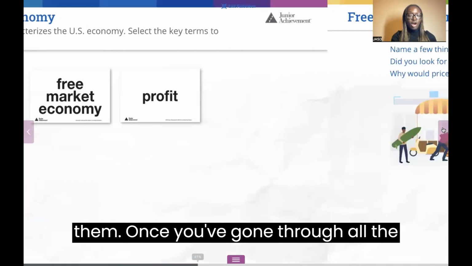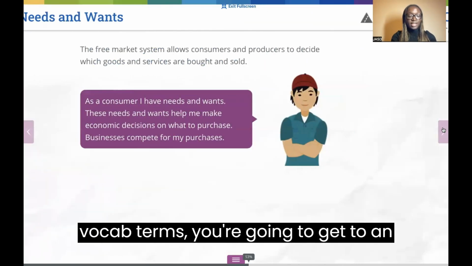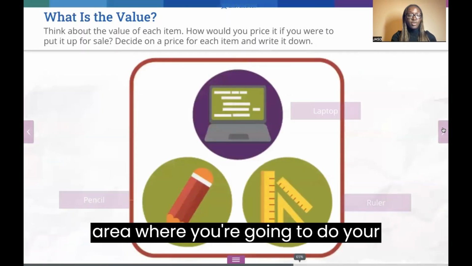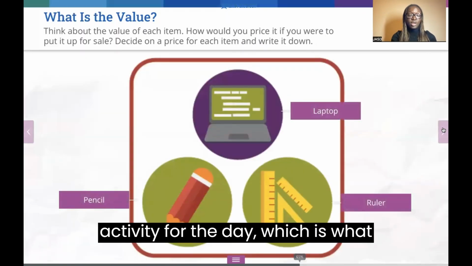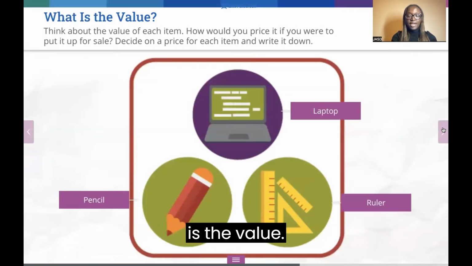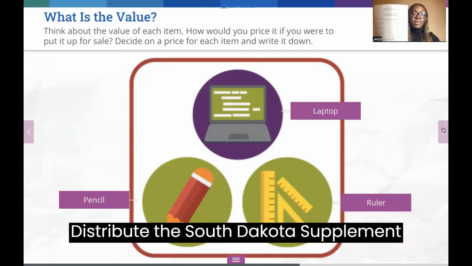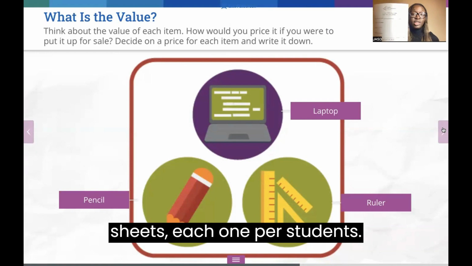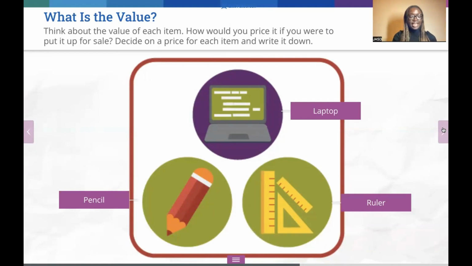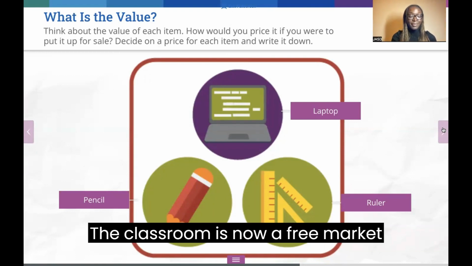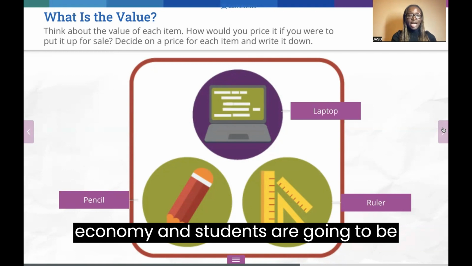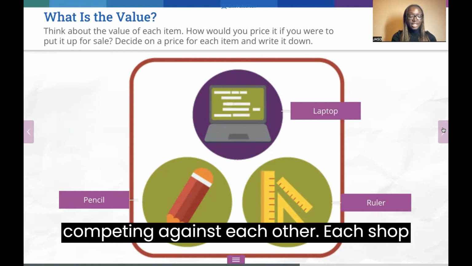Once you've gone through all the vocab terms, you're going to get to an area where you're going to do your activity for the day, which is What Is the Value. Distribute the South Dakota supplement sheets, one per student. The classroom is now a free market economy, and students are going to be competing against each other.